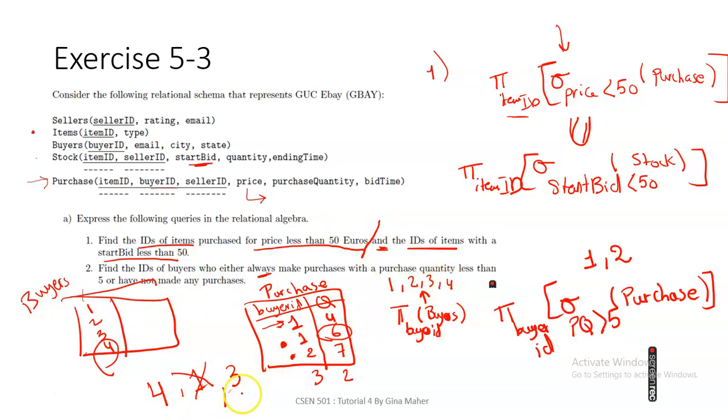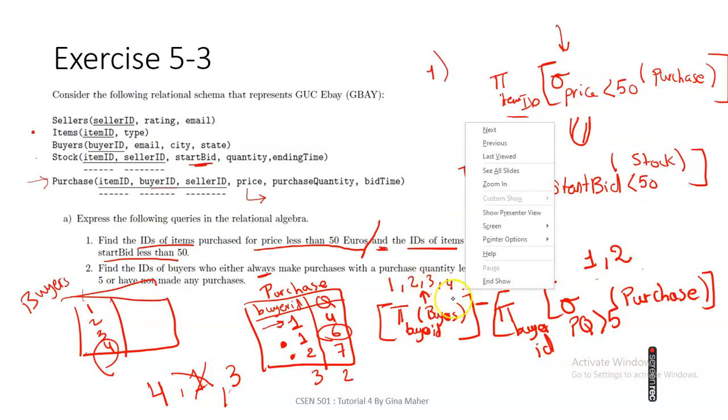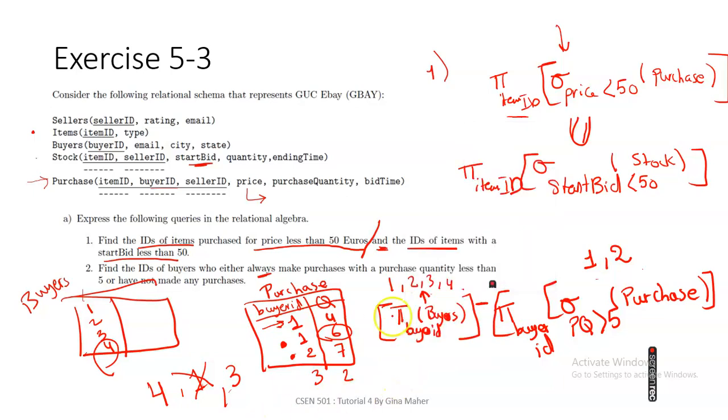The output should be 3, 4, which is actually this one minus this one, because this one gets all the buyers and this one gets the buyers with purchase quantity greater than 5, which is in this case 1 and 2. So the remaining will be 3 and 4, which is the buyers who either made purchase less than 5 or haven't made any purchases. Okay?